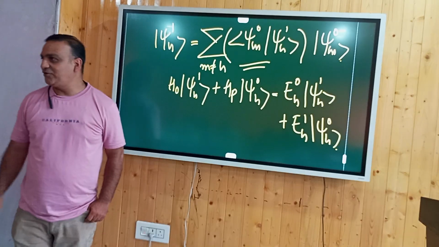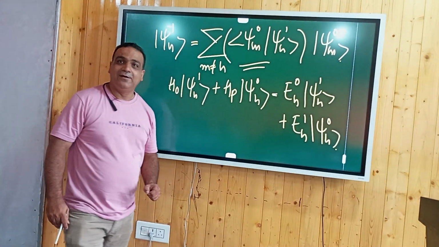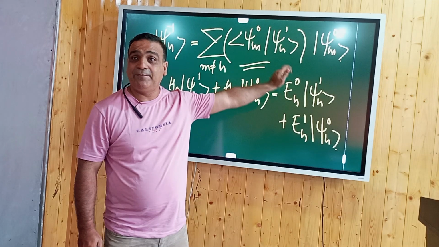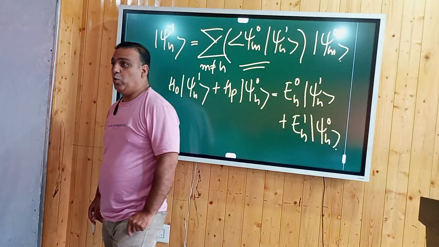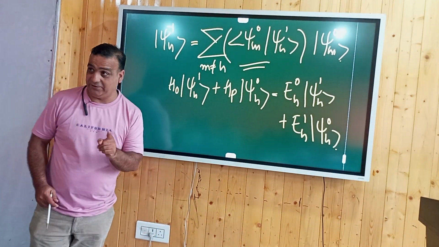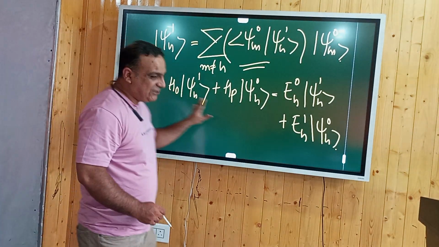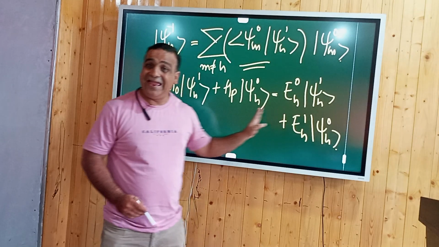Right? This is our equation. And our target is to calculate the inner product of psi m naught and psi n1, which is not equal to 0. Right? Okay.